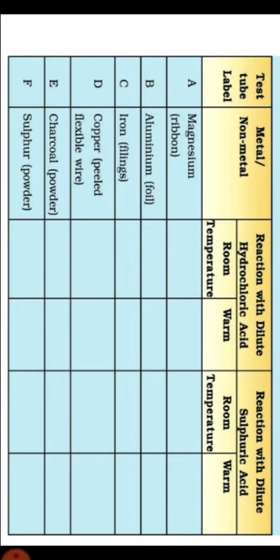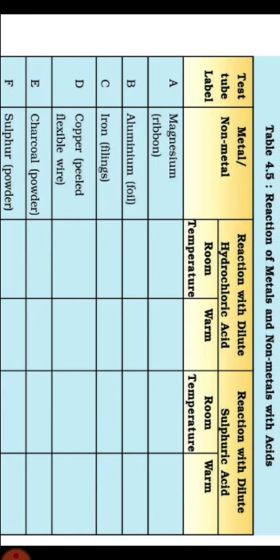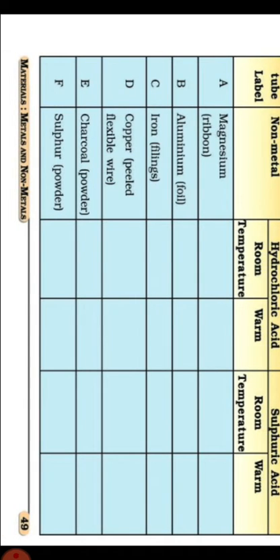As you know, both are non-metals. So at room temperature and when we warm, in both cases no reaction takes place with dilute sulfuric acid. So this is about the reaction of metals and non-metals with hydrochloric acid and sulfuric acid. Students, you have to fill the table and write it in your science copy.